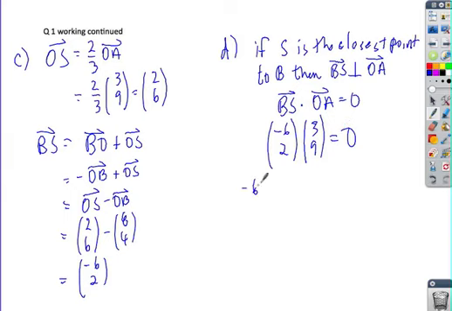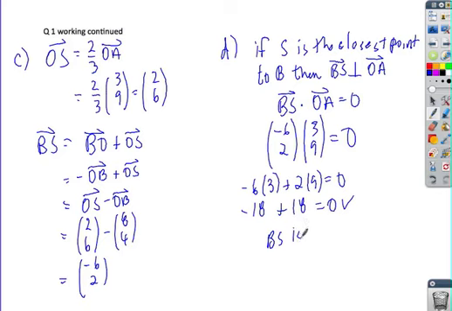So it's -6 times 3 plus 2 times 9 equals 0. So that's -18 plus 18 equals 0. Obviously that checks. And so then we could say that BS is perpendicular to OA and S is the closest point.